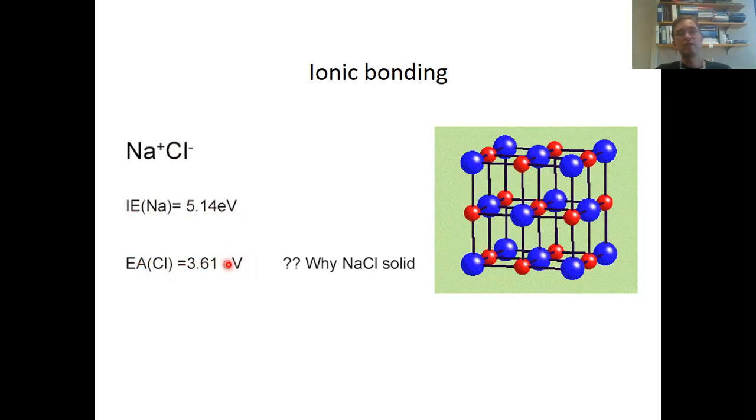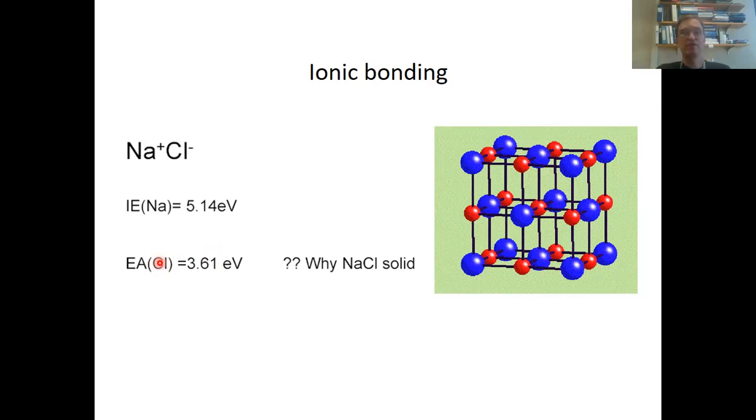All right. So that would say that it takes more energy to remove the electron from the sodium than we can gain by adding that removed electron to the chlorine. That would mean that sodium chloride should actually be unstable. Okay, but it's very stable. So how can we explain this?